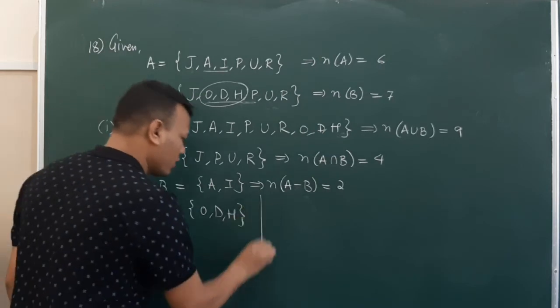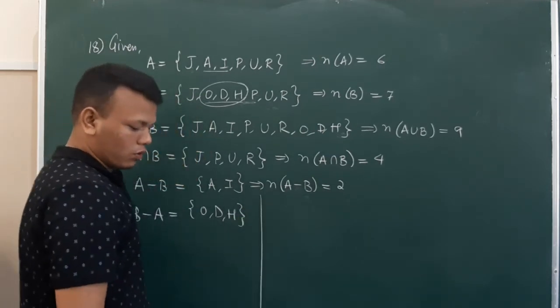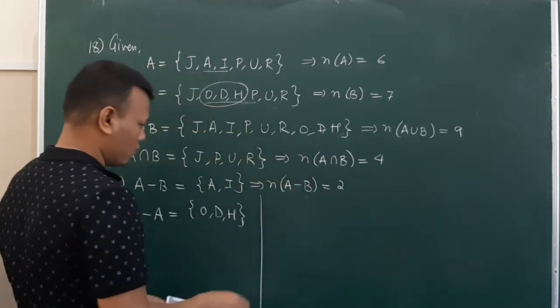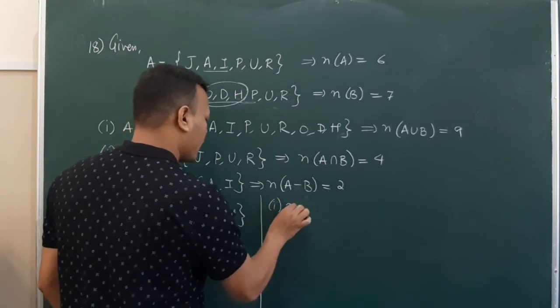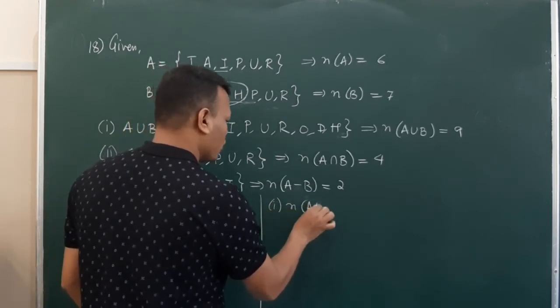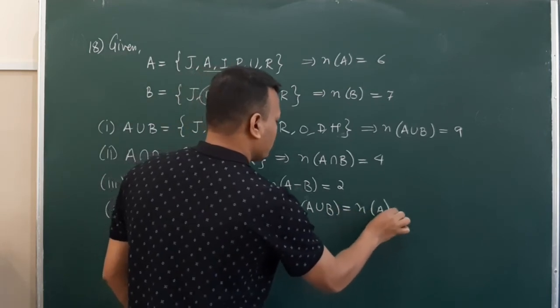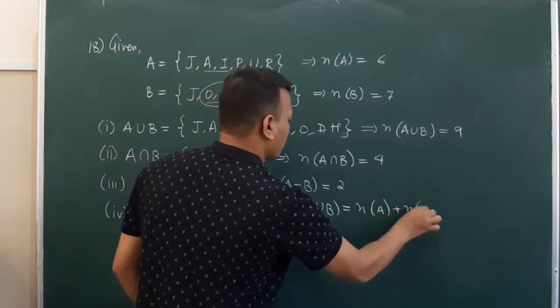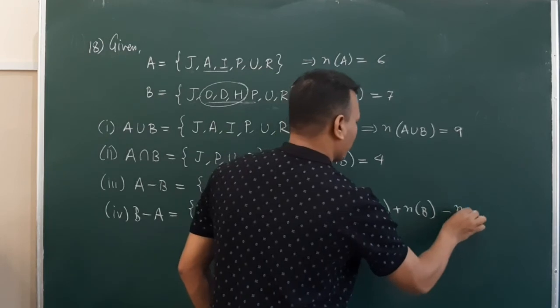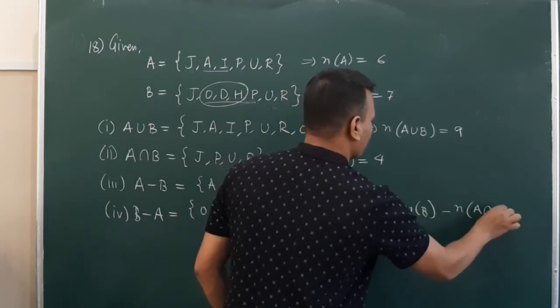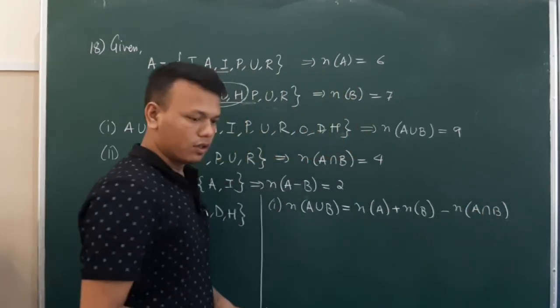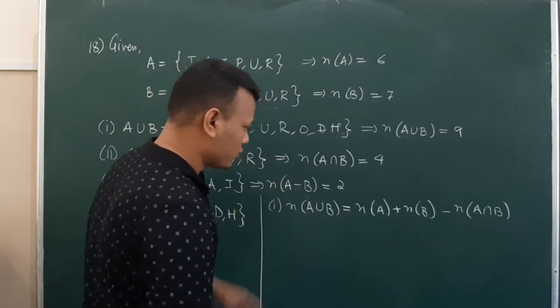Alright, so let's see the first one. So first one is N of A union B is equal to N of A plus N of B minus N of A intersection B. I'll do only this one. The other part, the second one, you will try by yourself.